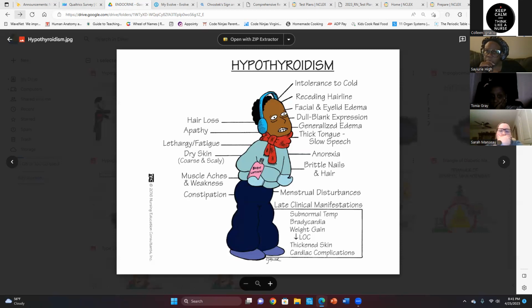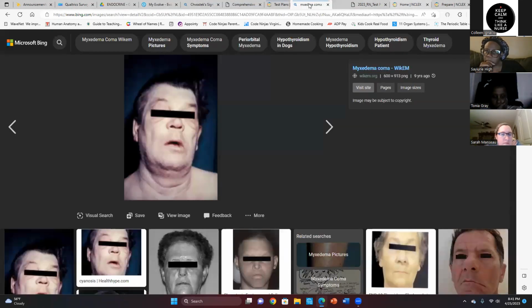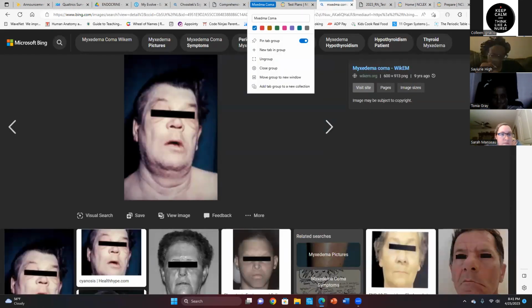Let me bring the picture up. Oh, here's another. I think this is the classic myxedema coma lady. Whenever they do these pictures and black out the eyes, I don't know if that's so you won't know who they are. But anyway, myxedema coma is rare and life-threatening. It's seen in untreated or uncontrolled hypothyroidism.